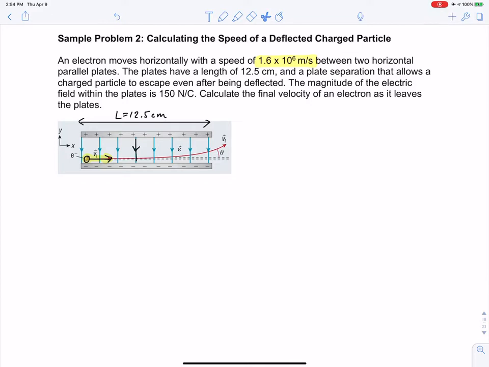Let's start by writing down what we know. We know the initial velocity is 1.6 times 10 to the power of 6 meters per second. We know the electric field is negative 150 newtons per coulomb. And the negative sign implies that it is moving opposite to the direction that a positive charge would move because we're dealing with an electron. We know the length, L, is 12.5 centimeters or 0.125 meters.